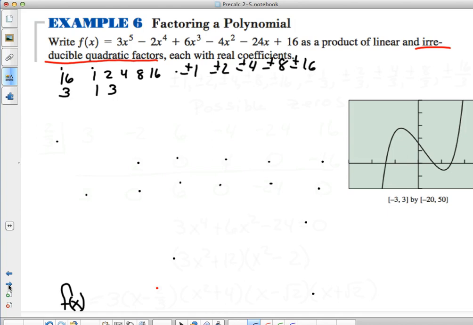Those come automatically because I'm taking each one of these and dividing them by 1. Okay? Now I'm looking at that same list and dividing it by 3, because that's the other possible factor I can work with. So the other part of my list becomes plus or minus 1/3, plus or minus 2/3, plus or minus 4/3, plus or minus 8/3, and plus or minus 16/3.